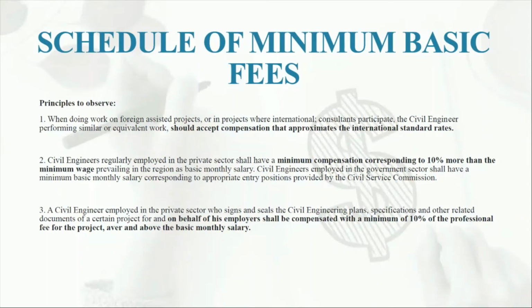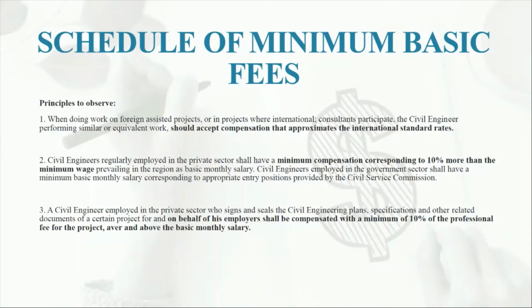Especially if it's a foreign assisted project. Next, we have civil engineers regularly employed in the private sector shall have a minimum compensation corresponding to 10% more than the minimum wage prevailing in the region as a basic monthly salary. Civil engineers employed in the government sector shall have a minimum basic monthly salary corresponding to the appropriate entry positions provided by the Civil Service Commission. So that's why a lot of firms right now are actually privately owned.